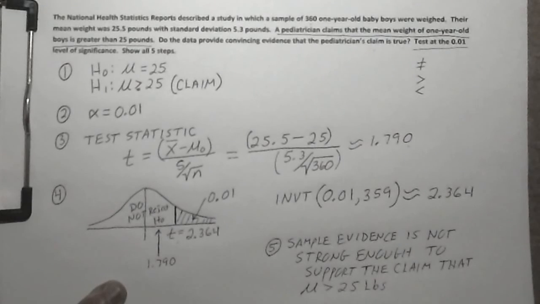So sample evidence is just not showing that claim to be true. So this concludes an example of an upper tail t-test for an unknown population mean.